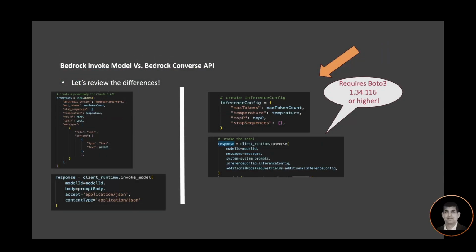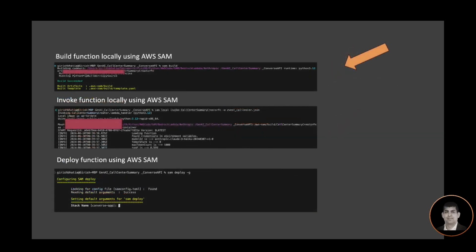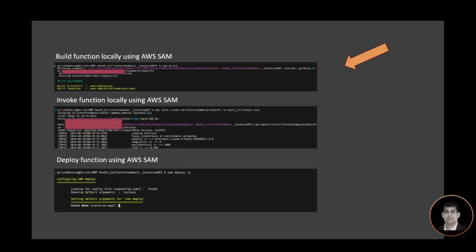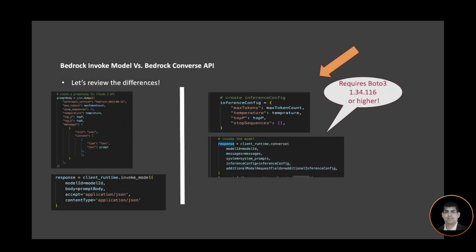For invoke model, we have to build our prompt, provide all the config, and then invoke it via the runtime invoke model command. For the Converse API, it's similar steps in a simpler way. We build our inference config and then invoke the Converse API. The benefit here is the interface is consistent, so like I said, we can change the model ID and invoke it for a different underlying model.